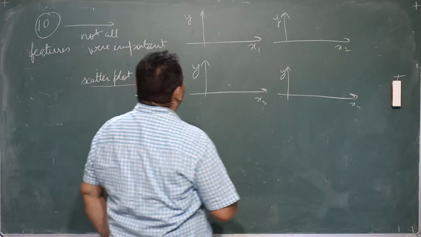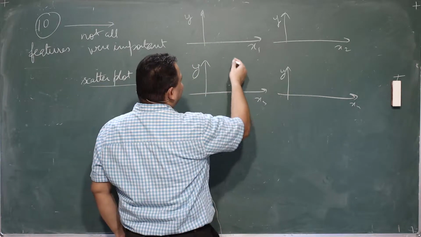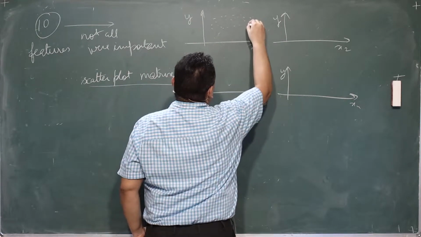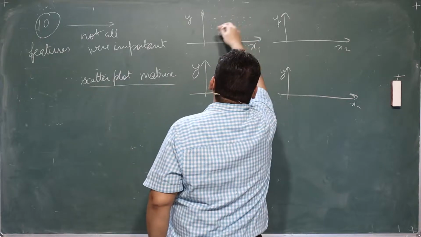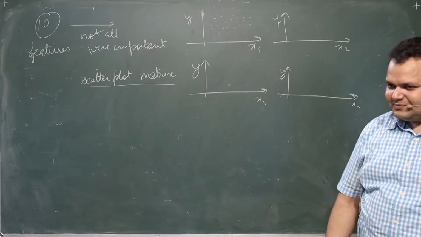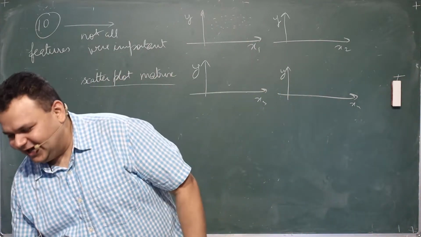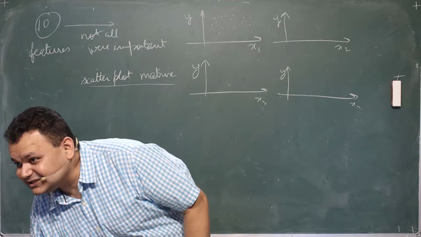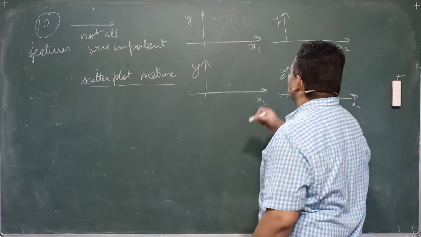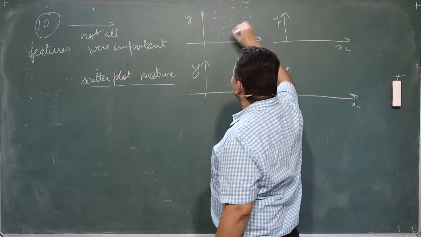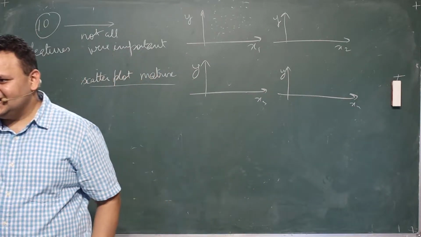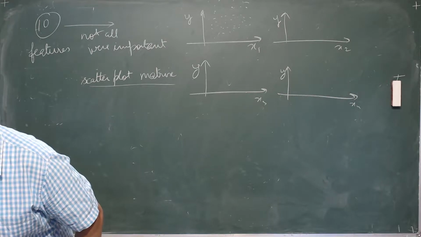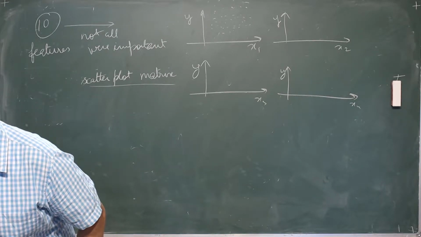So let us say the scatter plot of y versus x1 looks something like this. What can you say about the relationship of y on x1? Means, will x1 affect y or no, if it looks something like this? Can you see the dots or no? दिख रही हैं या नहीं?